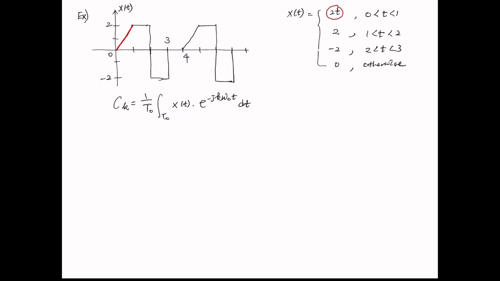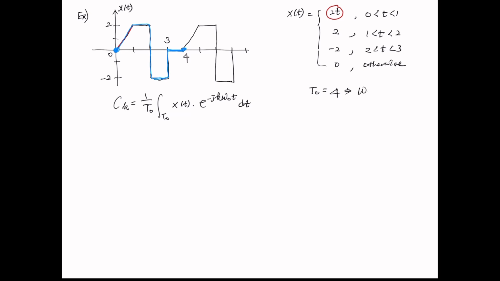T naught is the period of the signal; let's say we start from here, go all the way up to this, and then we need to include this portion as well. So that's the starting point at 4, and the starting point at 0 is repeating. Therefore T naught equals 4.